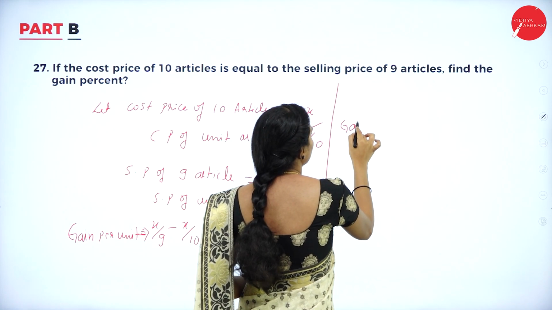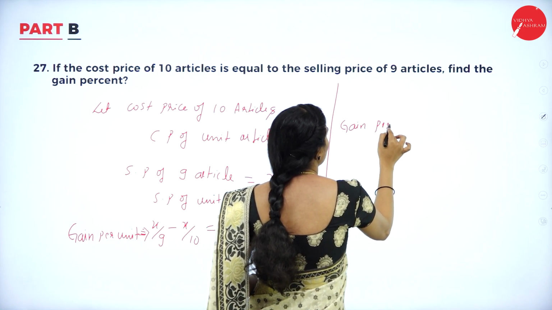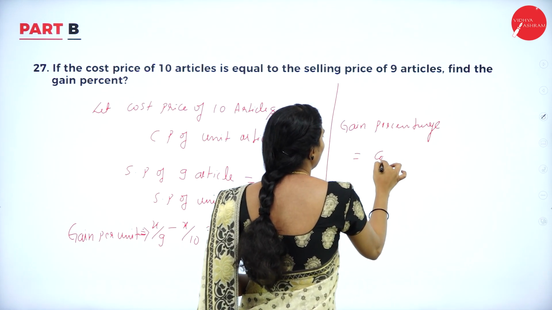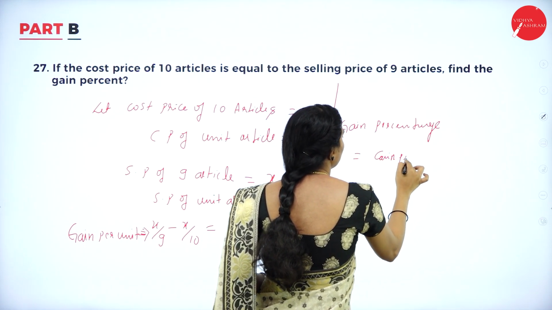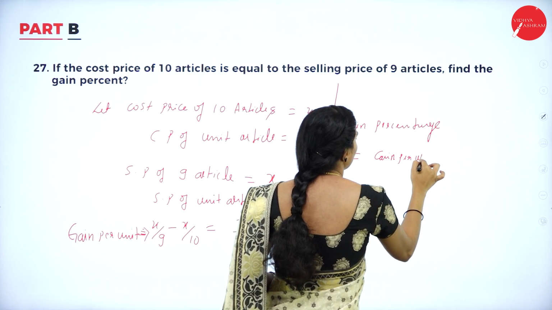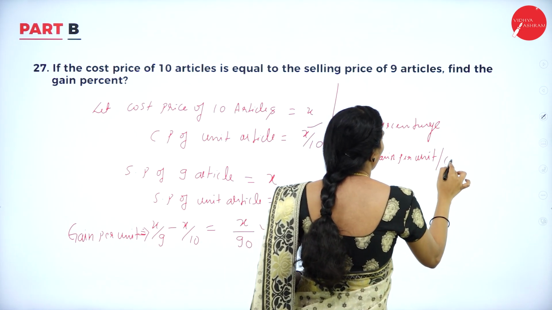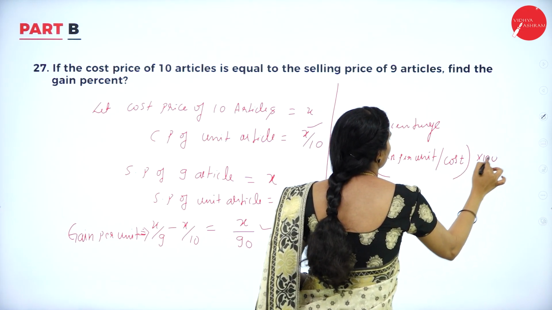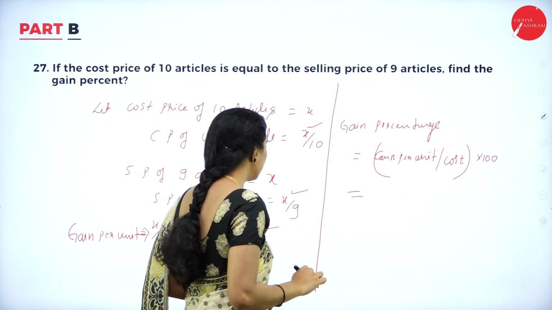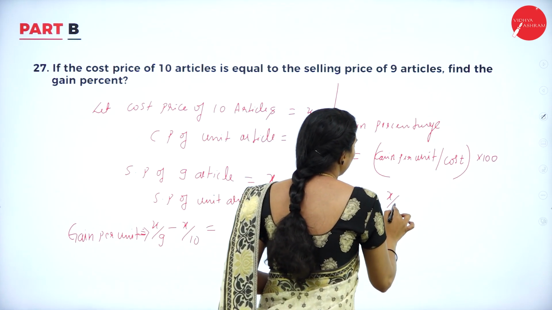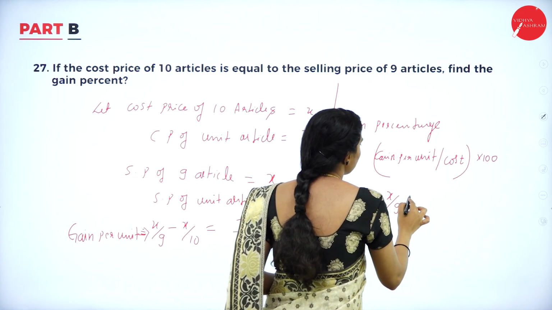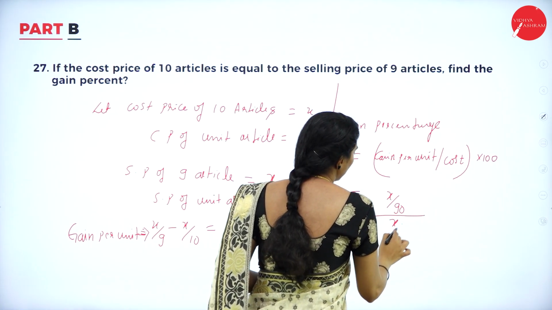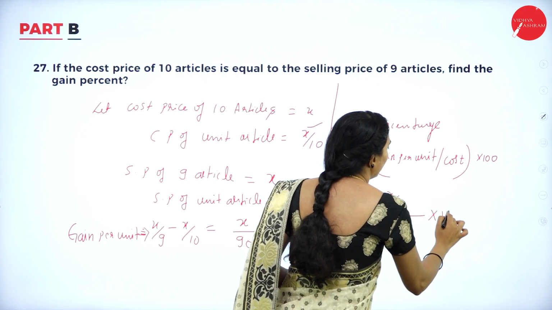So gain percentage is given by the formula gain per unit over cost price into 100. So gain per unit is nothing but x divided by 90, and cost price is x divided by 10, into 100.